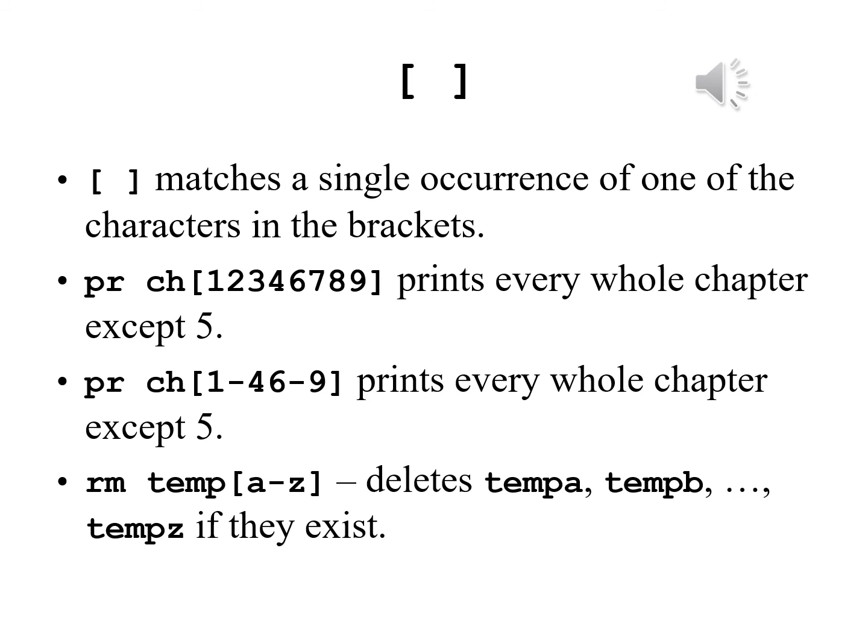The square brackets will match a single occurrence of one of the characters inside the brackets. So, if I typed PR space CH open bracket 1, 2, 3, 4, 6, 7, 8, 9 close bracket, it would print every whole chapter except for 5, because that is the only single-digit number outside of 0 that is not included.